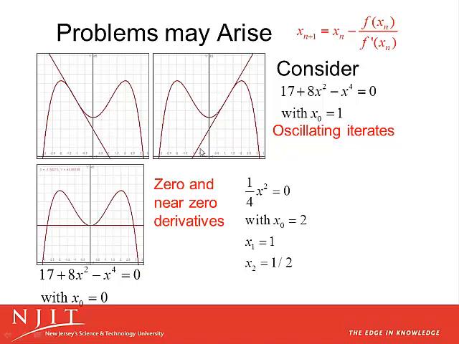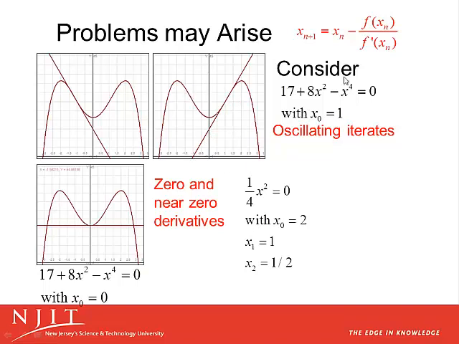So we could have oscillation. Note that in this case, there are 2 roots shown. One is all the way here on the right, one is here on the left. And we're not starting very close to a root. If we start far away from the root, we might end up at another root, or we might end up very far away, or we might end up in this case where we just get oscillations going back and forth, and the method would not converge.